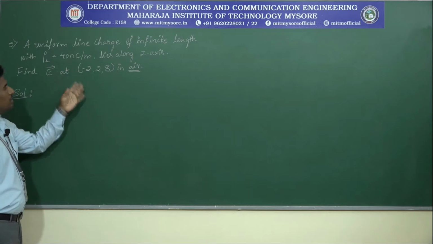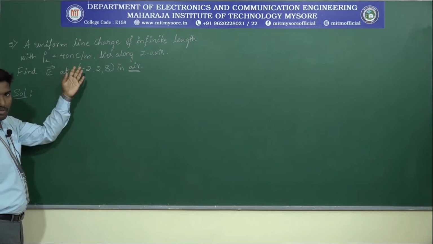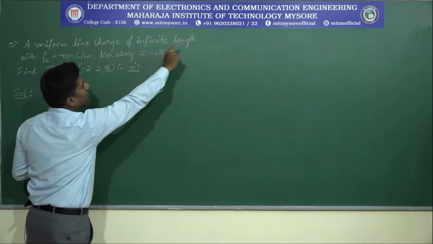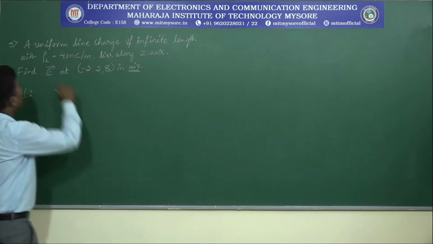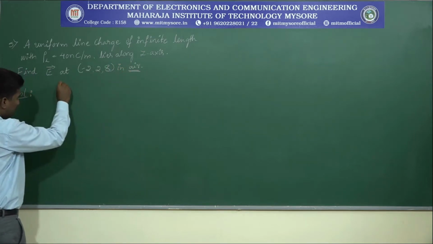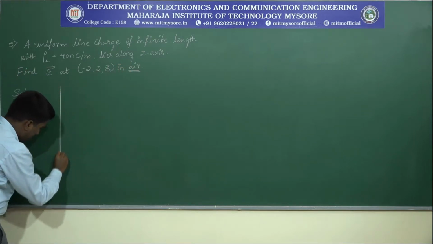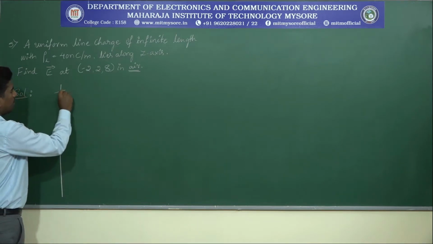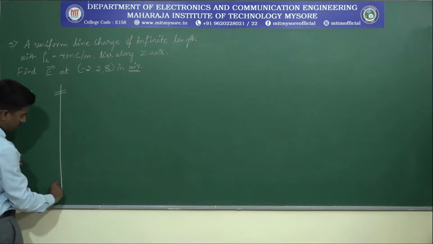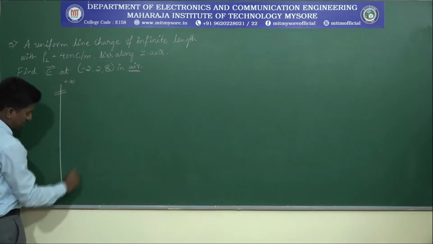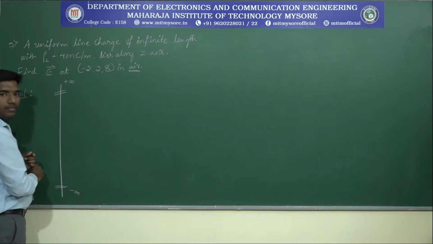Before solving this, let us describe the given problem statement. A uniform line charge of infinite length has been given, which lies along the z axis. Consider the z axis, with a uniform line charge of infinite length varying from plus infinity to minus infinity.